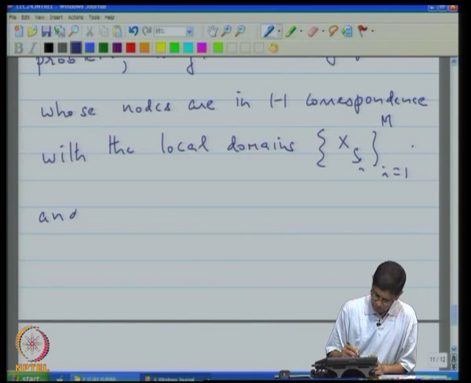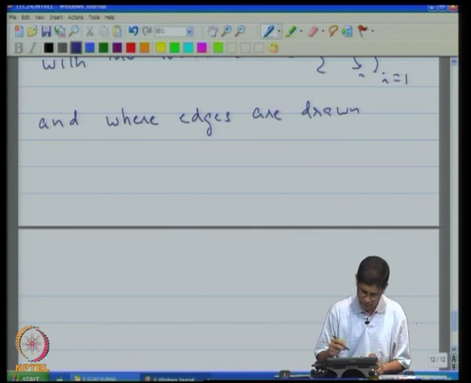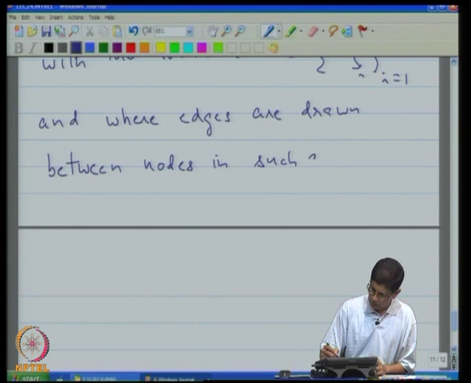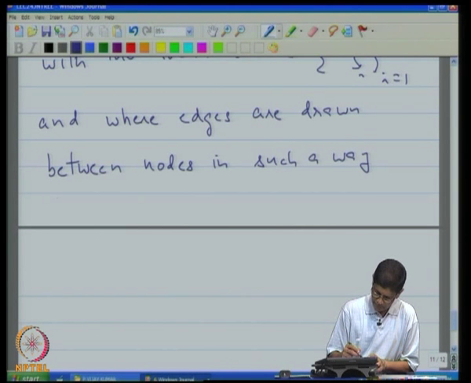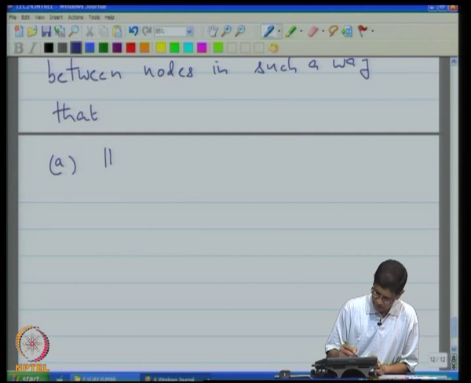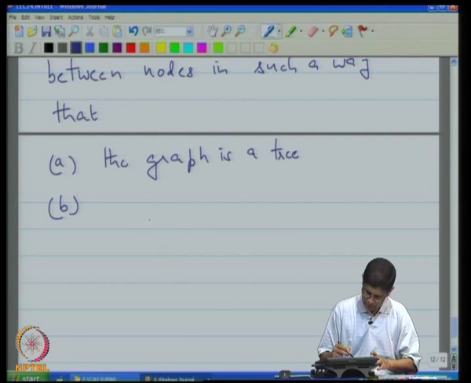And where edges are drawn between nodes in such a way that 1, the graph is a tree, and 2, I will put on a picture.